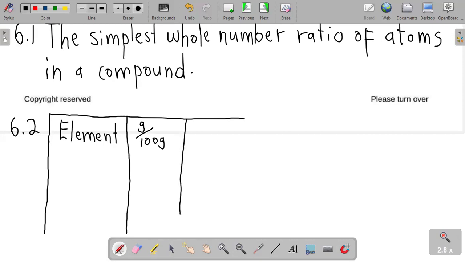The next column is your number of moles, n equals m divided by capital M, the molar mass from the periodic table. And after that, we have the simplest ratio.